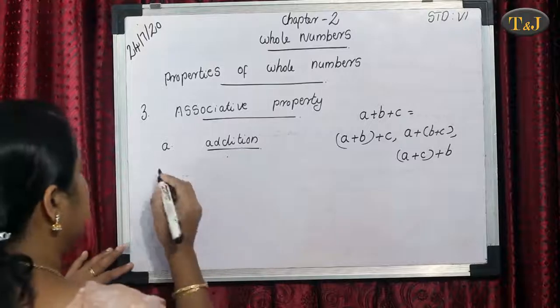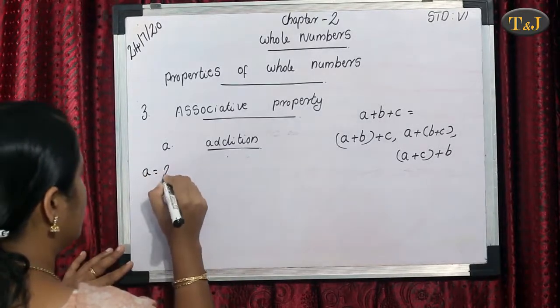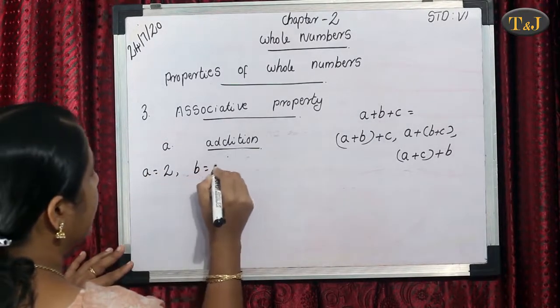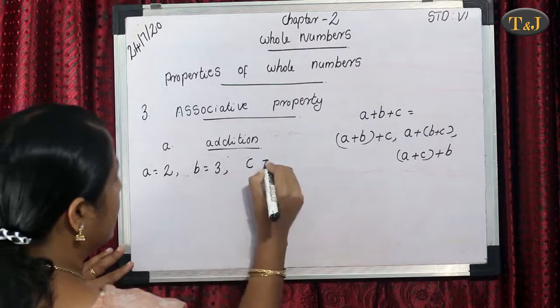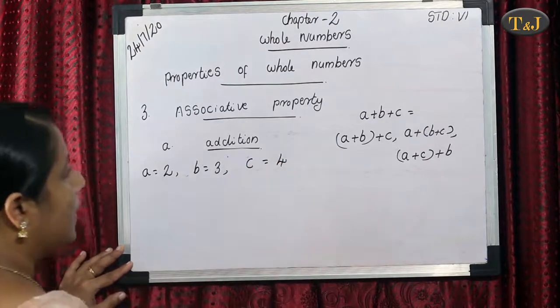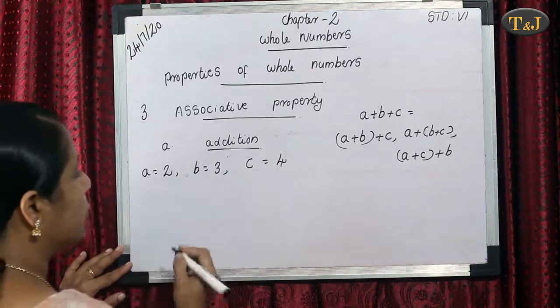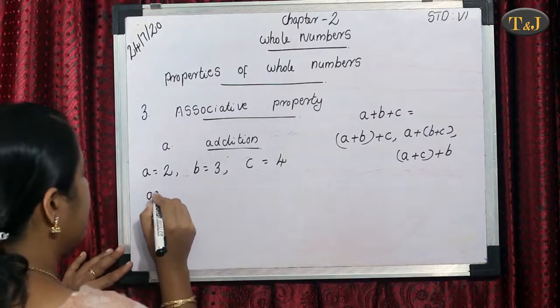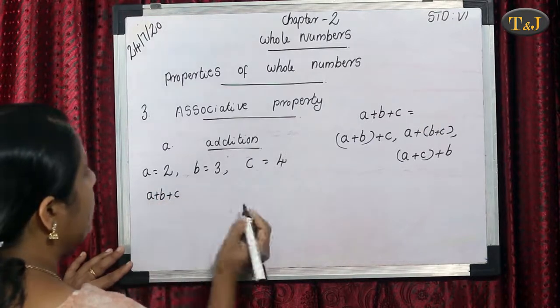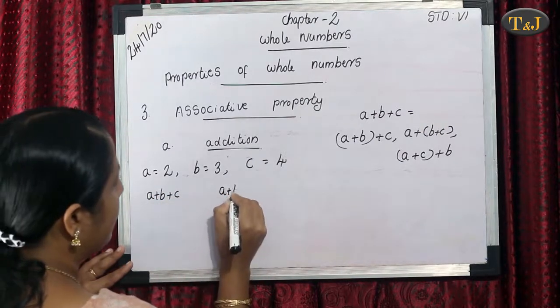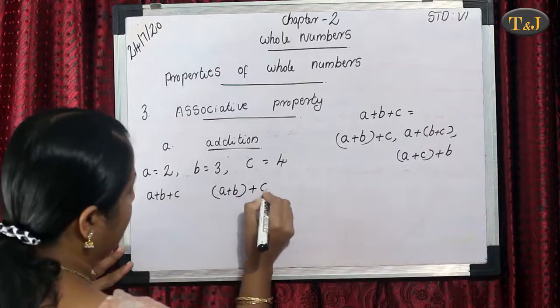Suppose we take the number A as 2, B as 3 and C as 4. Then the associative property of addition means A plus B plus C. First we add A plus B, then plus C.